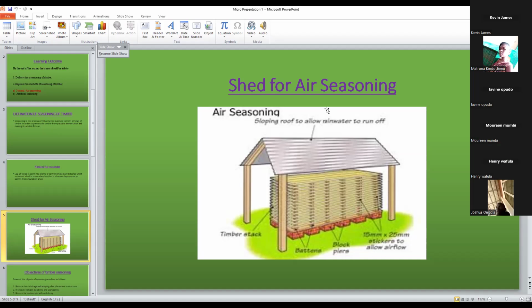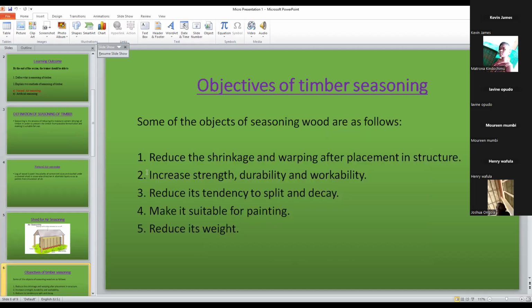Yes, sir. Okay. I'll share the picture with you later so that you can see it well. Apart from that, we'll go to the objectives of timber seasoning.